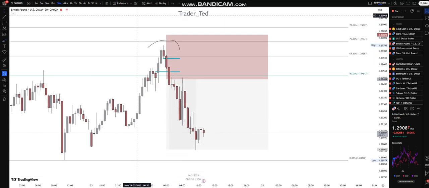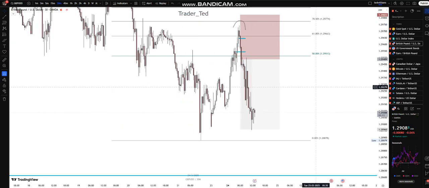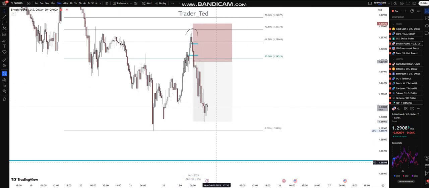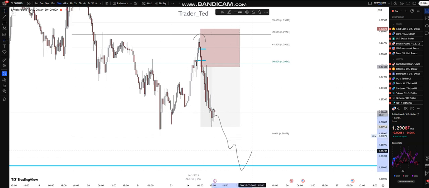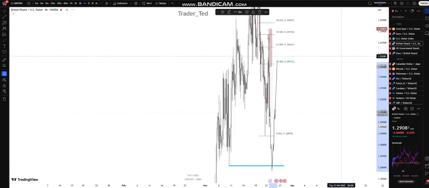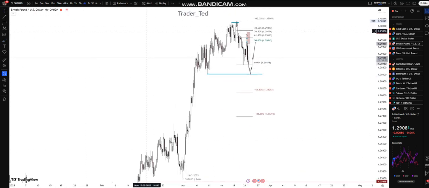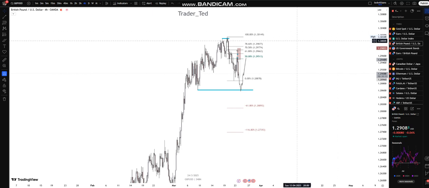Now, as you can see, price didn't manage to reach all the way to our daily fair value gap, so we may see our low of the week be created tomorrow, with a continuation of the selloff, and some sort of continuation of our overall trend for GU.